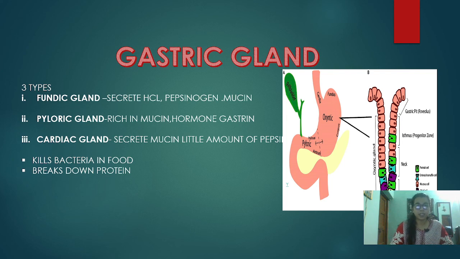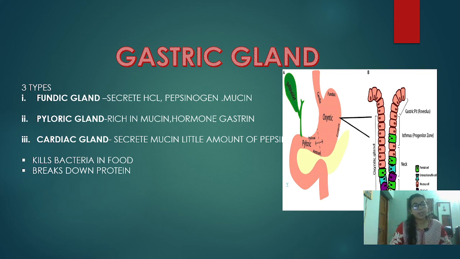Next, coming to the pyloric region. The pyloric region secretes a very important hormone known as gastrin. The role of the gastrin hormone we are going to discuss in the upcoming video, when we discuss the hormones related to the gastrointestinal tract.